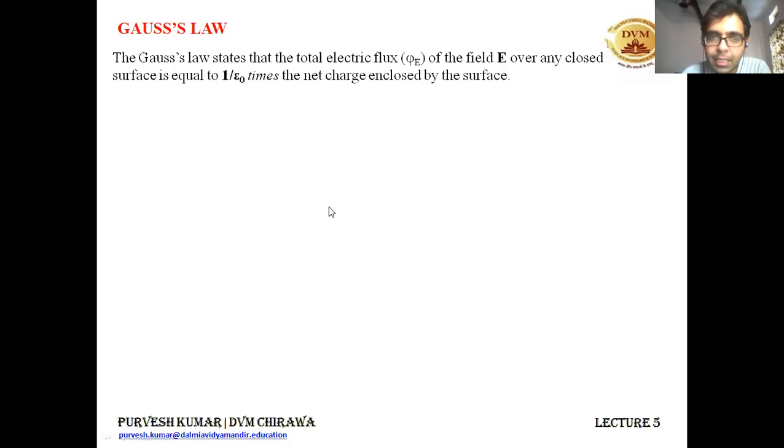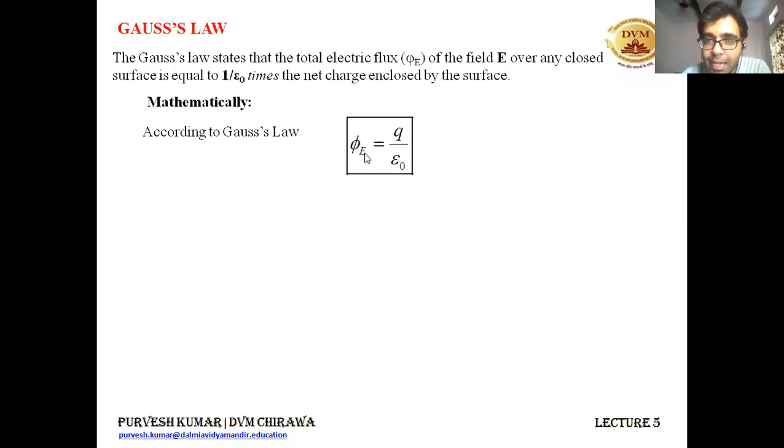Mathematically, according to Gauss's law, phi E is equal to Q upon epsilon naught, where Q is the net charge or the total charge enclosed by the surface.